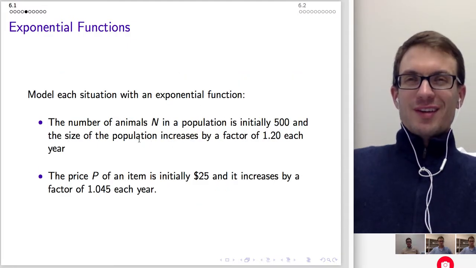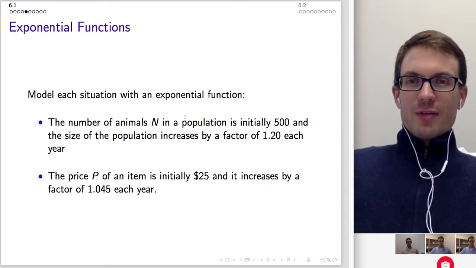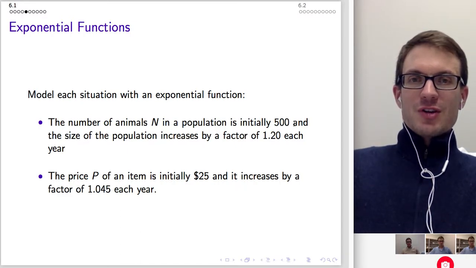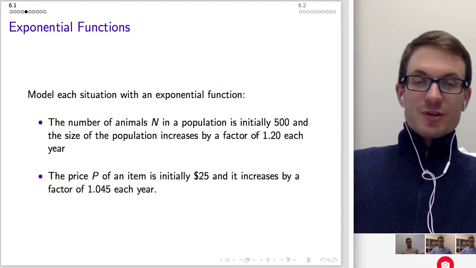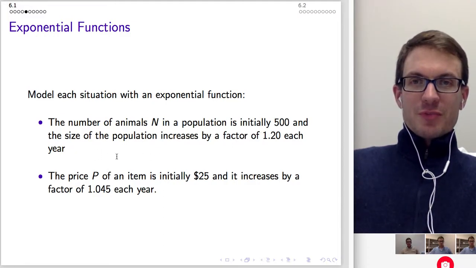Okay, so now let's think about some modeling. We care about the interpretation for a lot of the problems we're working on. Let's see if we can facilitate that with some of these examples. The number of animals, n, in a population is initially 500. The size of the population increases by a factor of 1.20, a 20% growth rate each year. So think about how we can write this with an exponential. And what about this one?